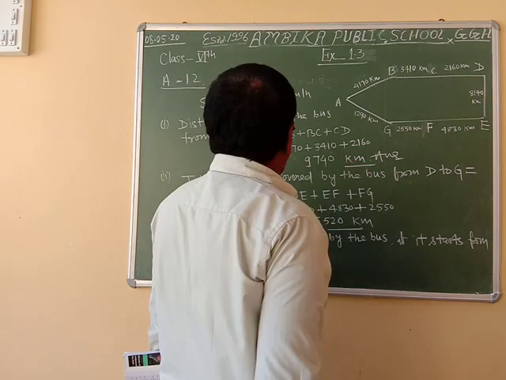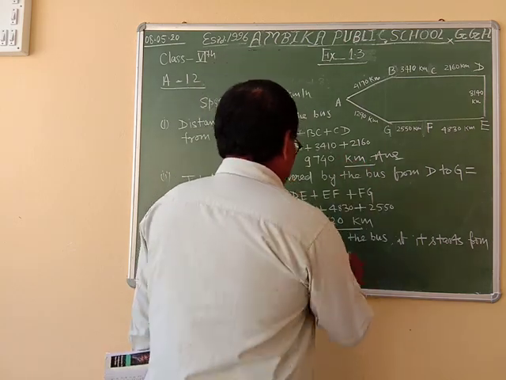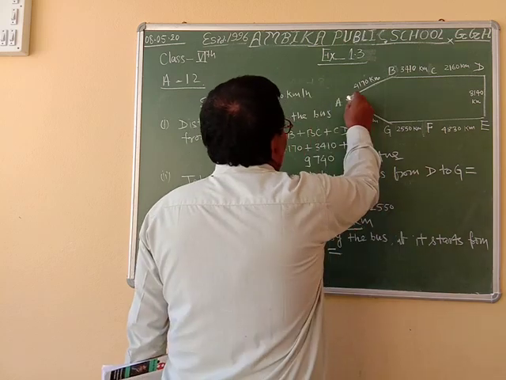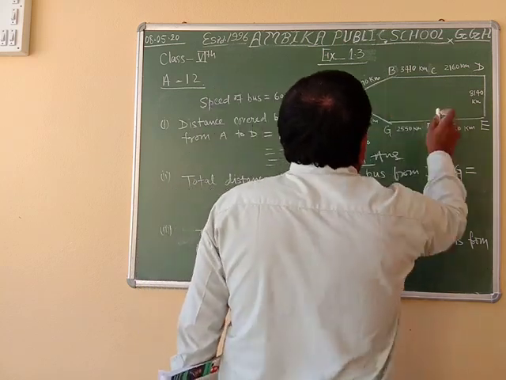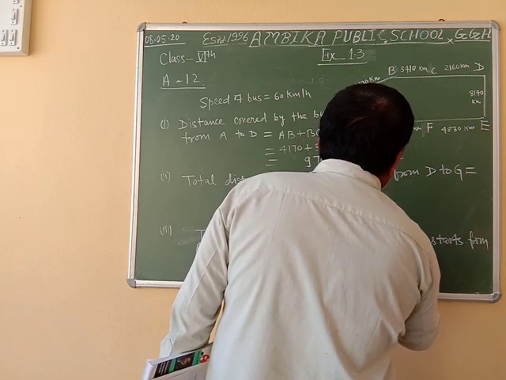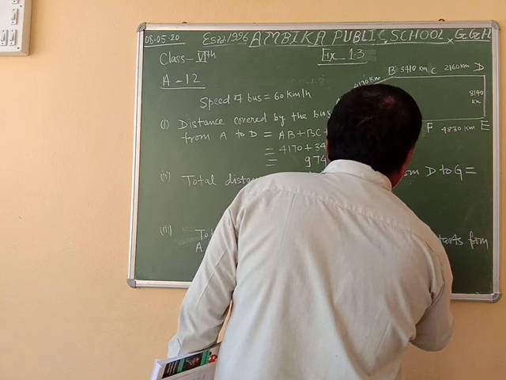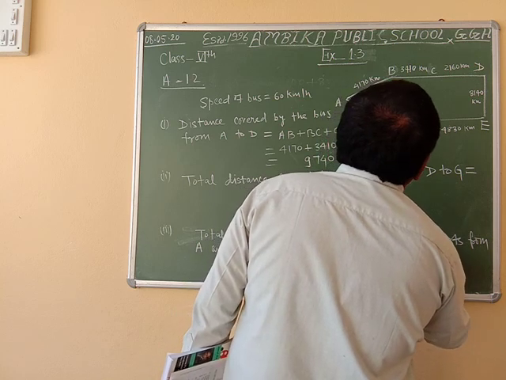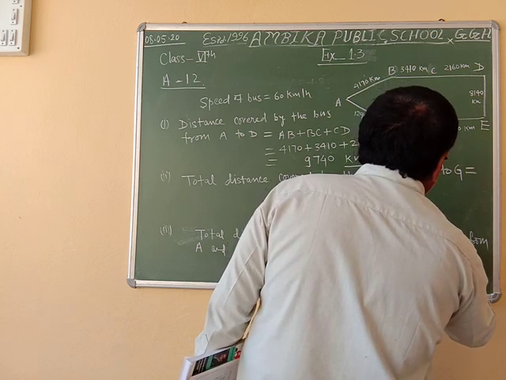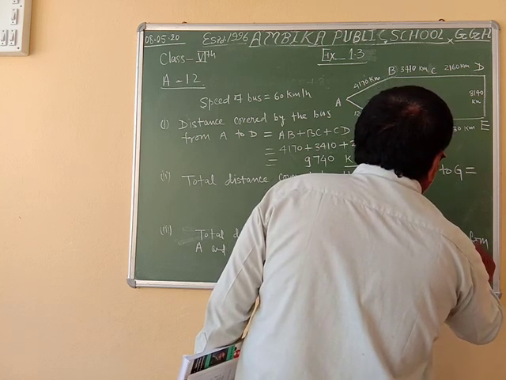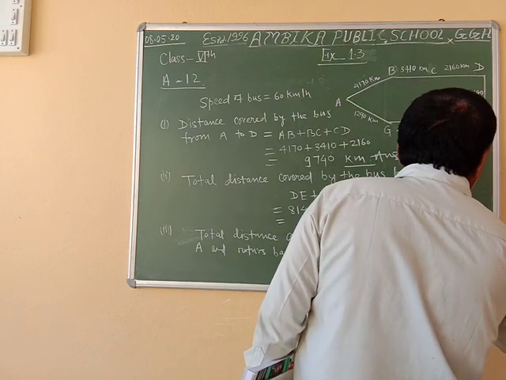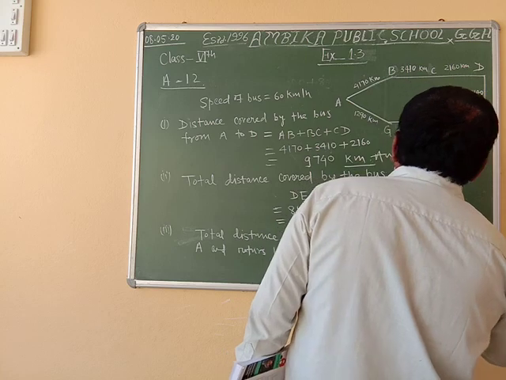Total distance covered by the bus to reach back is equal to AB plus BC plus CD plus DE plus EF plus FG plus GA.